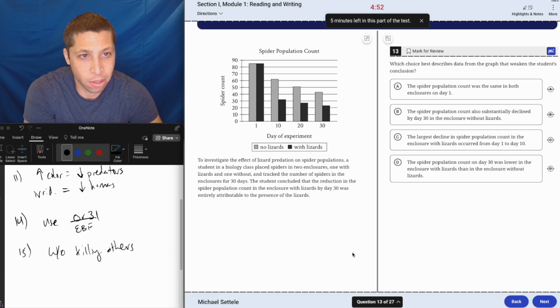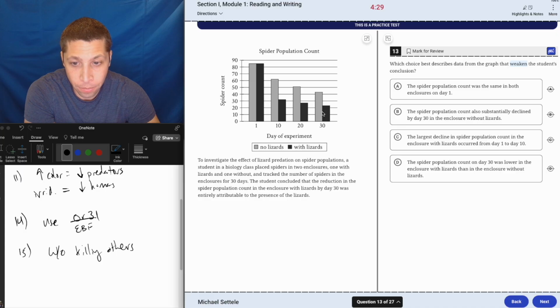All right, let's go to this lizard thing. To investigate the effect, weaken. Ooh, see, this is why I got to read. Weaken the student's conclusion. To investigate the effect of lizard predation on spider populations, a student in a biology class placed spiders in 2 enclosures, one with lizards and one without, and tracked the number of spiders in the enclosures for 30 days. The student concluded that the reduction in the spider population count in the enclosure with lizards by day 30 was entirely attributable to the presence of the lizards.